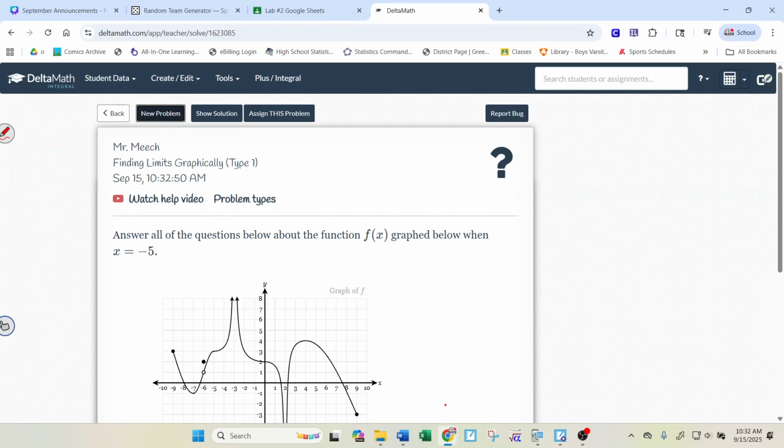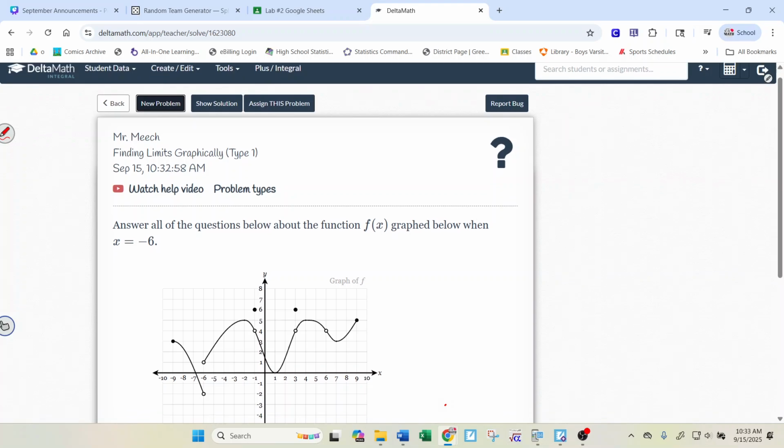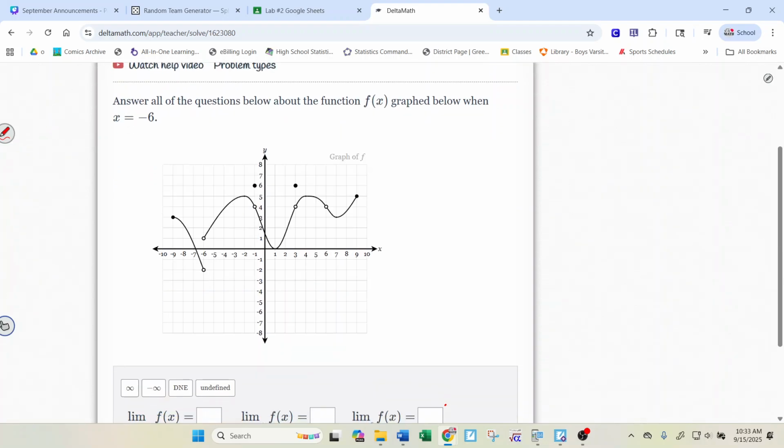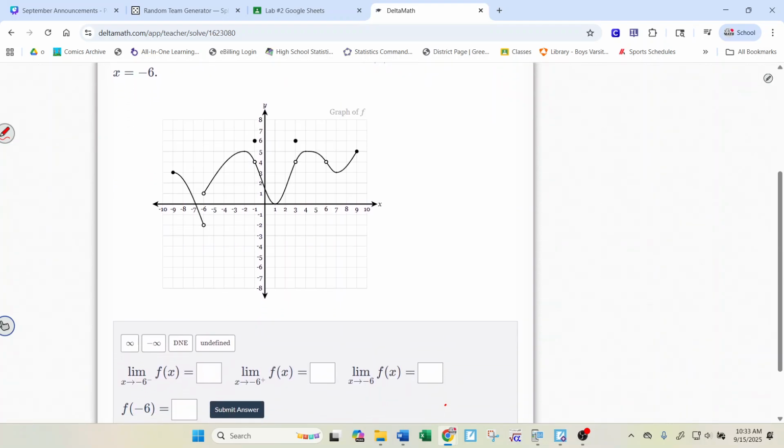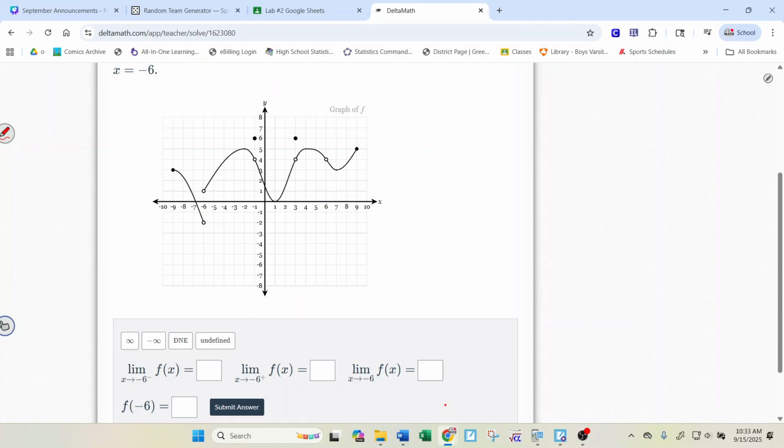Let me see here. I'm trying to find one. All right, let's get this one. -6. What's the limit from the left? -2.